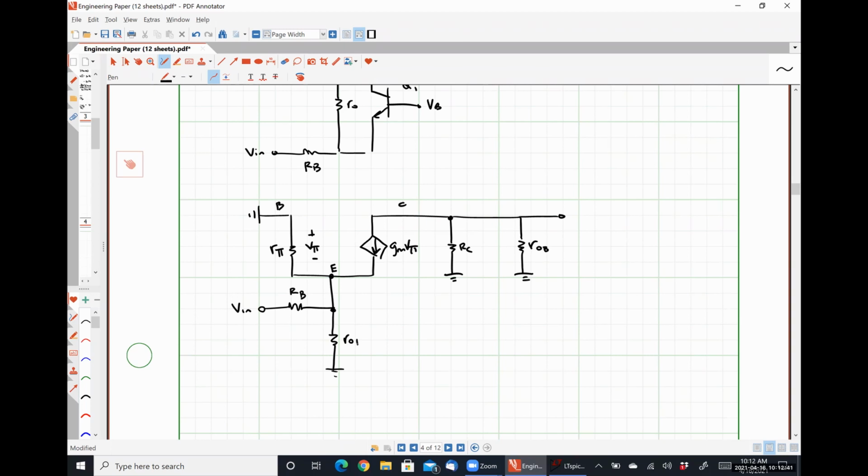There are two ways that we can approach it. The first of which is finding the voltage gain directly. The second is finding the short circuit transconductance and the output resistance, and then effectively multiplying those two because we know that that's going to be the voltage gain. So which of those two methods do you guys want to do? They're both roughly equally annoying.